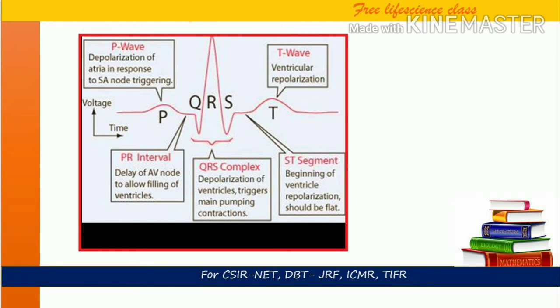Here you can see the waves in ECG and the representation for each wave. The P wave denotes depolarization of atria in response to SA node triggering. The QRS complex represents depolarization of ventricles, triggering the main pumping contraction, and the T wave represents ventricular repolarization.